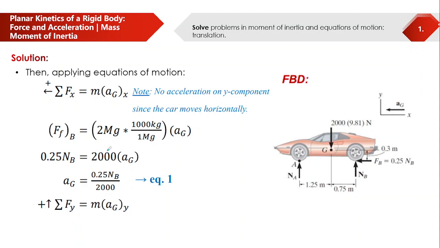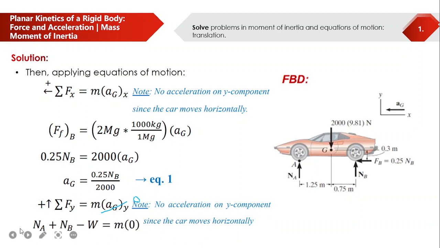Next equation of motion is the summation of all forces along the y-axis, which is equal to mass times a sub g in y. Again, no acceleration on the y component, therefore this will be equal to 0. The forces acting on the vertical component: our positive sense is upward, so N sub A is positive and N sub B is positive also.